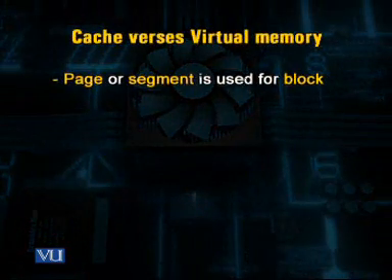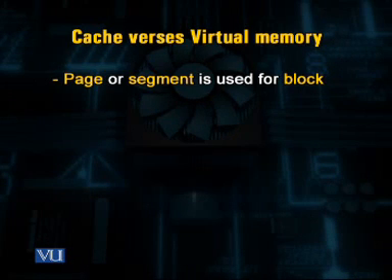Now, with this much discussion on the attributes of virtual memory, let us talk about some terminologies which are used in virtual memory system vis-a-vis the terminologies used in cache memories. The terminology page or segment is used in virtual memory corresponding to the block used in cache memory.